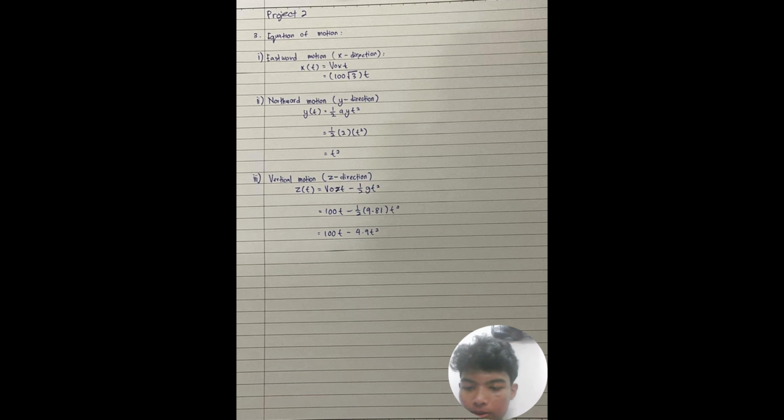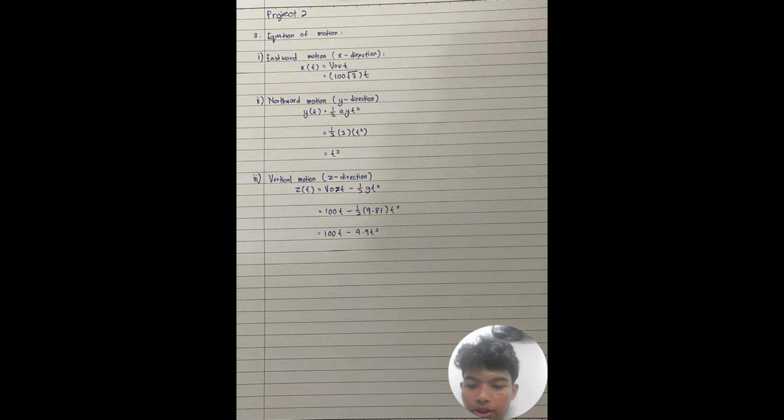For the northward motion, the y direction, the acceleration in the y direction is ay equals 2 m/s squared. Position as a function of time: y(t) equals 1 over 2 times a_y times t squared equals 1 over 2 times 2 times t squared equals t squared.